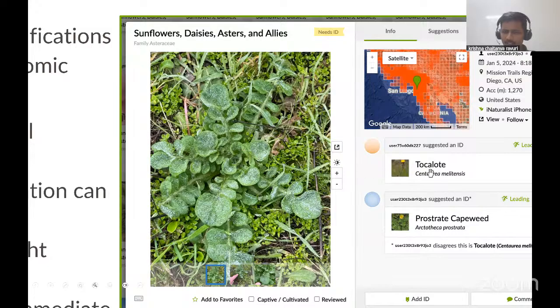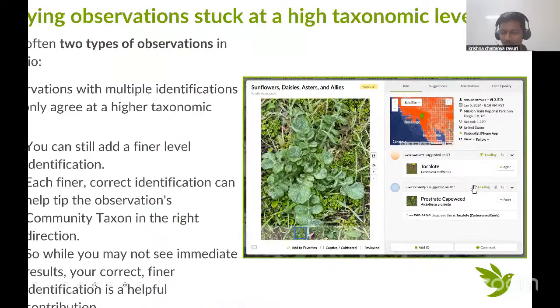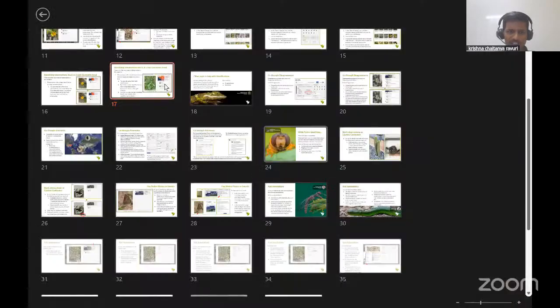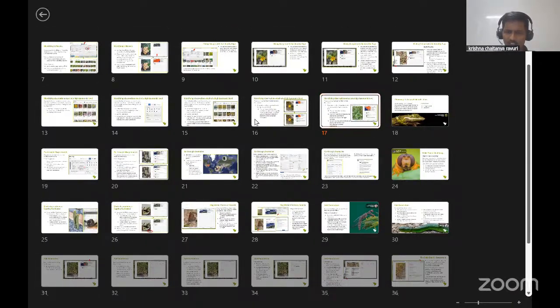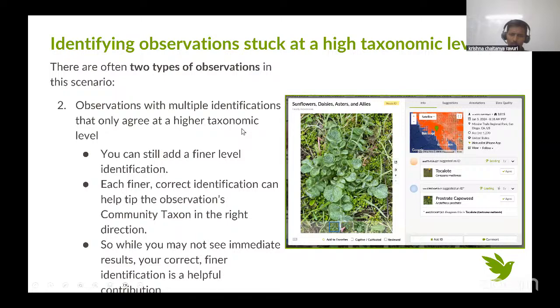If you are sure, you can agree to one of them, or maybe both of them could be wrong and it's something else entirely. You get these kinds of disagreements also, which would be a good place to contribute. Actually, disagreements are the place where you learn a lot, because that's where someone was confident it was one thing and the other person is making the correction.